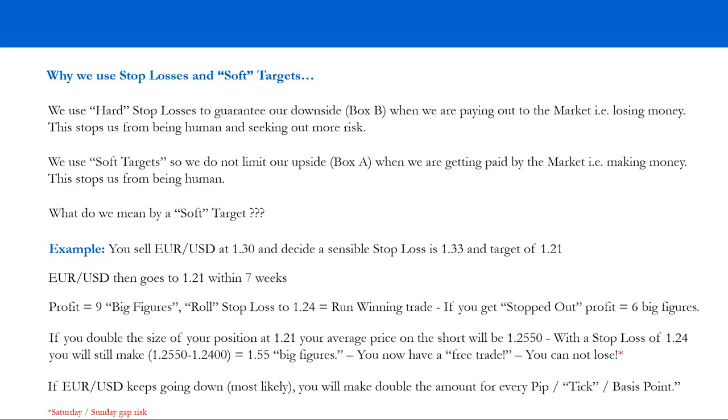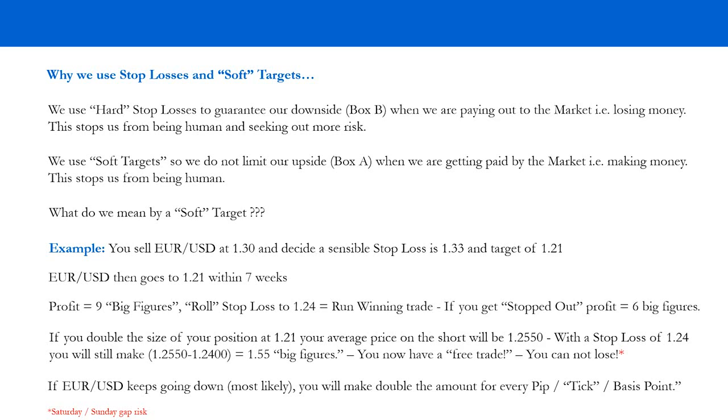But because our average price is lower than our stop loss, our automatic trade out would still ensure that we're making some money on the trade. But for every point euro dollar goes up, or the asset in general terms goes up, we're making double or at least some more on the winning trade.